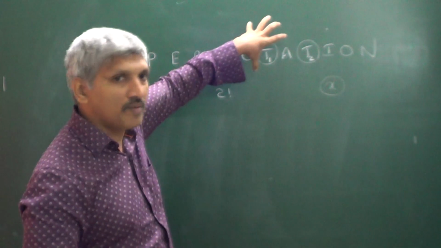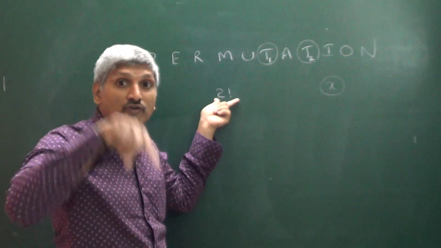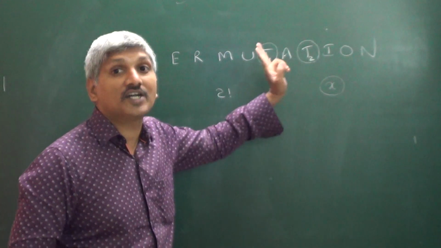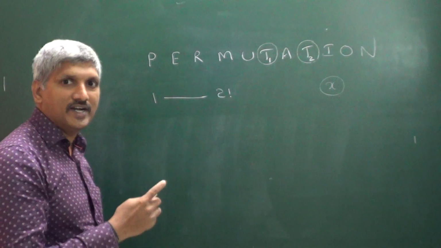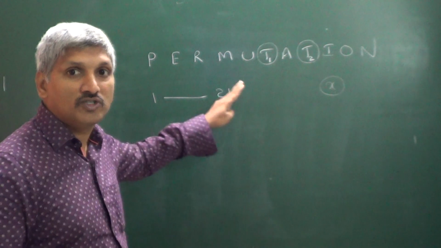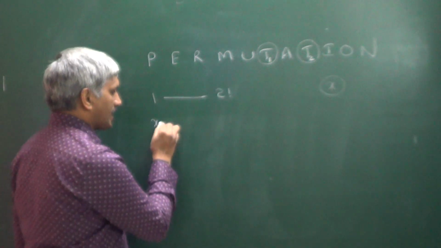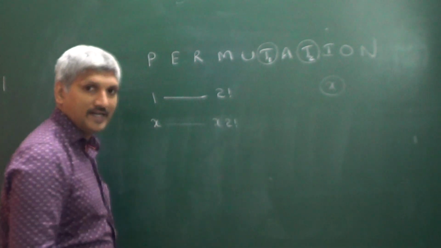So this one permutation gives us 2 factorial different arrangements if you consider T1 and T2 to be different. Since each one gives 2 factorial arrangements, and the total is X possibilities, we get X into 2 factorial arrangements.